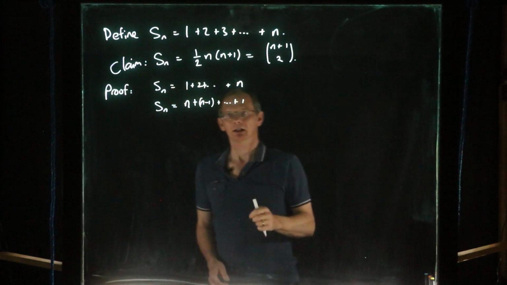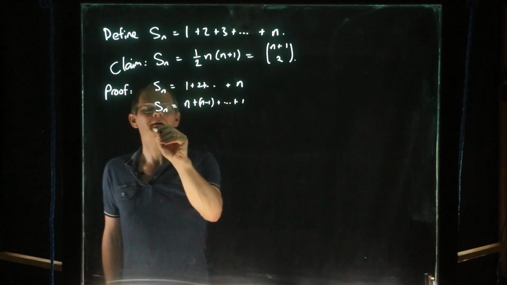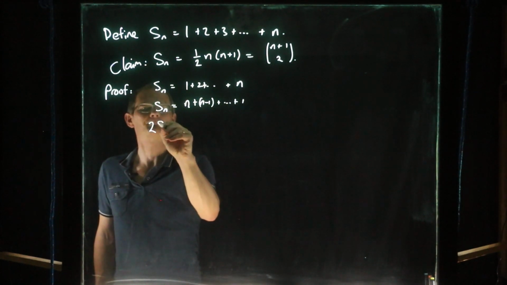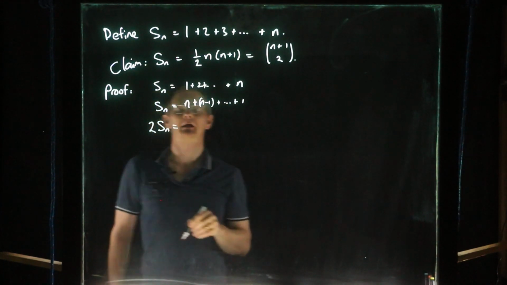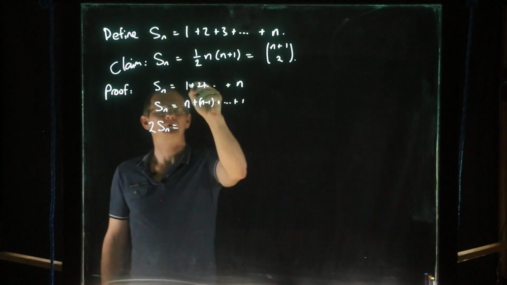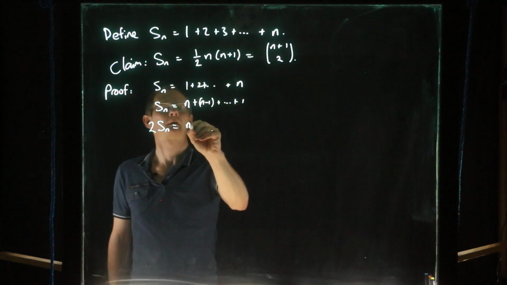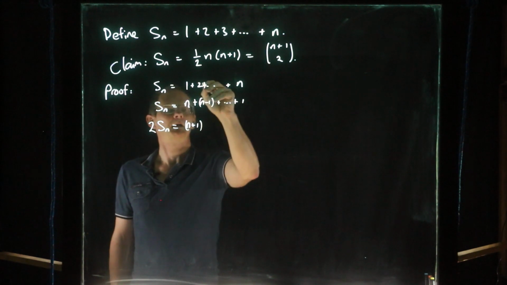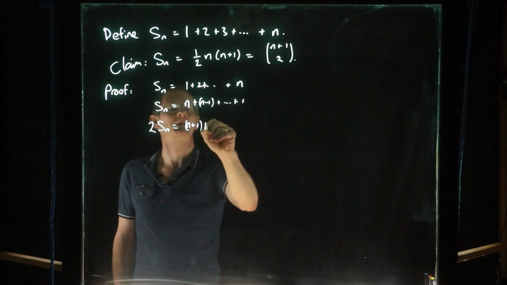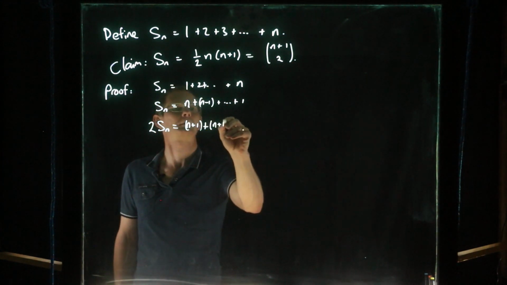Okay, so let's just add these two equations together. Then we get 2Sn, and here you've got the 1 plus n, let's write that as n plus 1. And here you've got a 2 and an n minus 1, that's n plus 1 again.